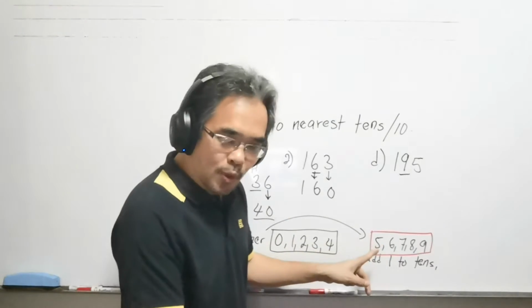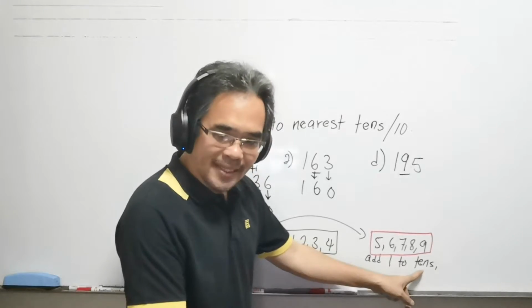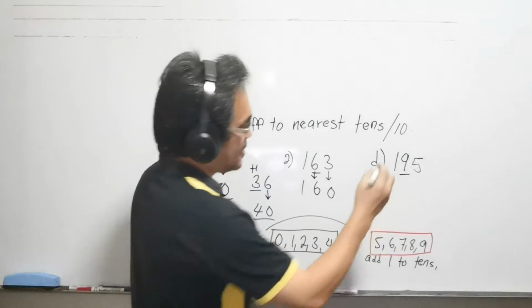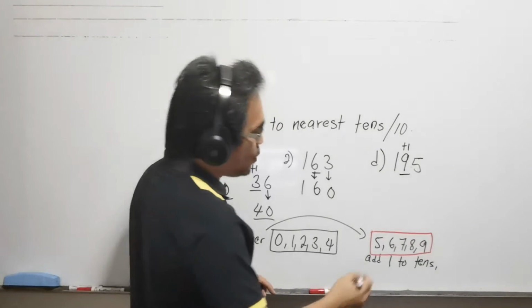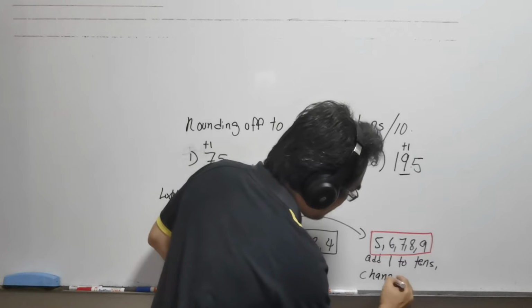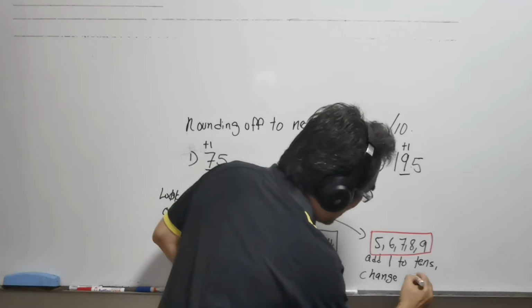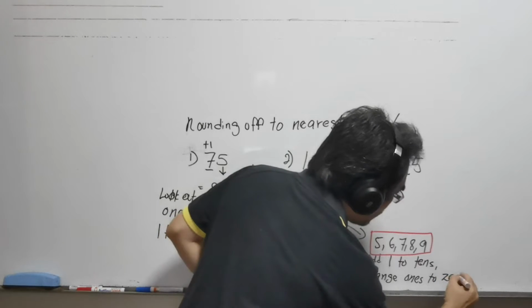So what do we have to do? We have to add 1 to tens. So plus 1 here, and then change ones to 0.